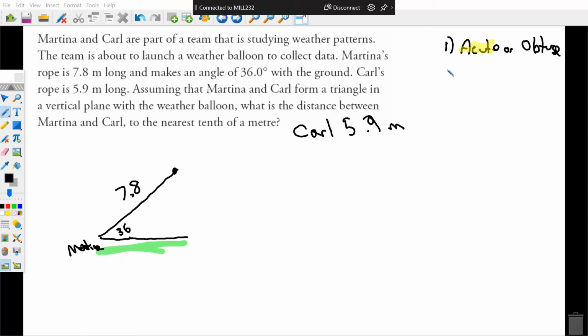So then step two is to find the height. So let's find the height of that balloon. That's right here. We're looking to find the height. So that's going to be sine of 36 equals h over 7.8. Calculate that quickly.